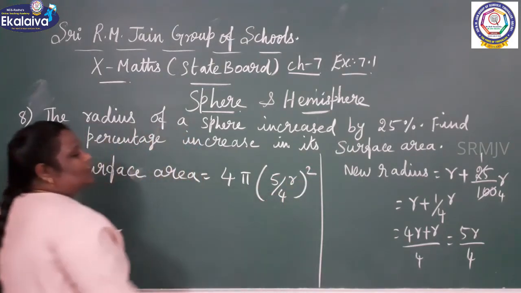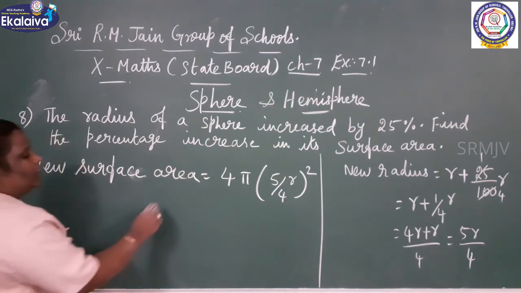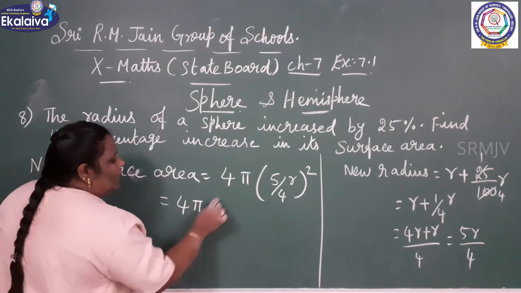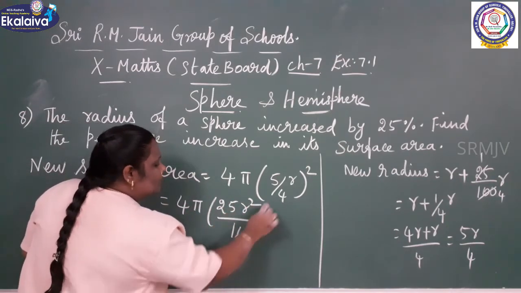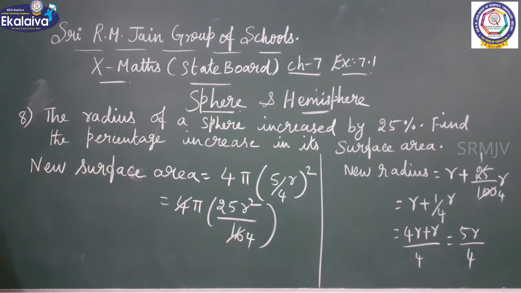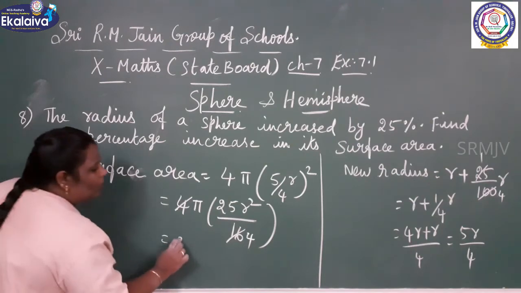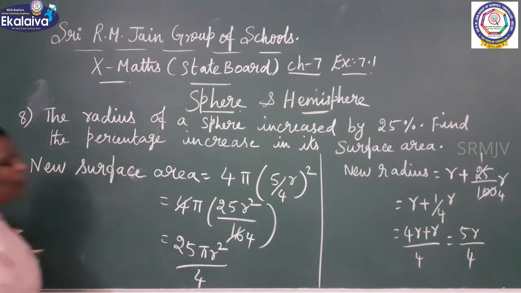So it gives 4 pi into 25 r square by 16, which is 25 pi r square by 4.